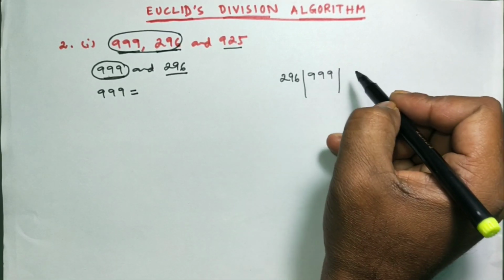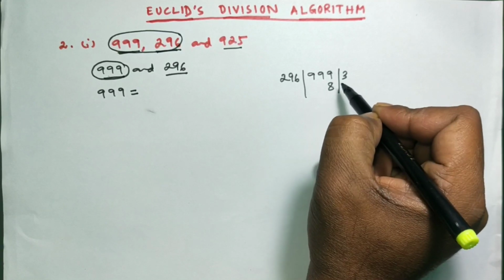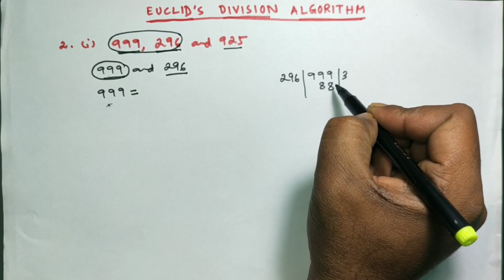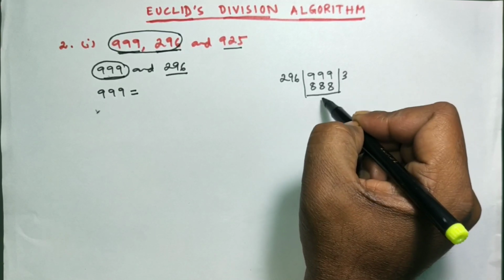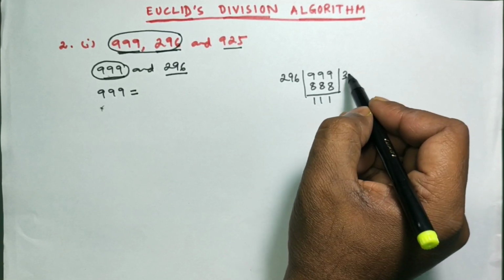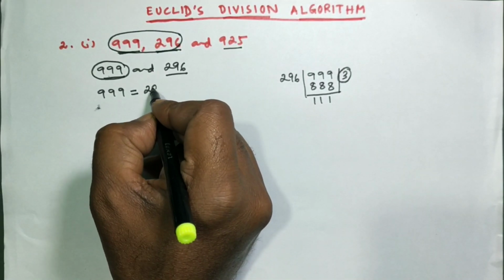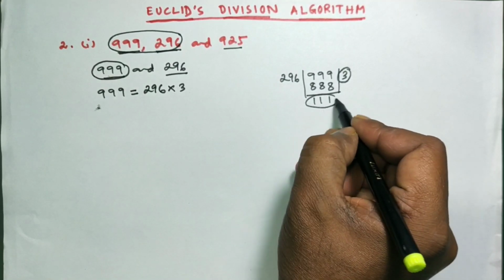So if we divide it, we'll get 3 times. 3 6s are 18, 8, remain 1, 3 9s are 27 and 1, 28, so remain 2, 3 2s are 6 and 2, 8. If we subtract, we'll get 111. Since we have got 3 as the quotient, so 296 into 3, and the remainder is 111 here.